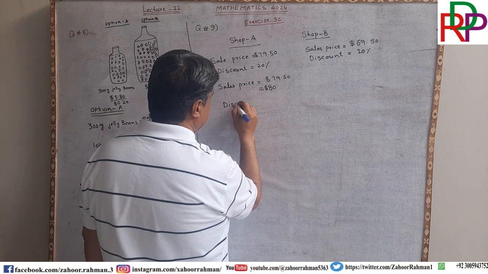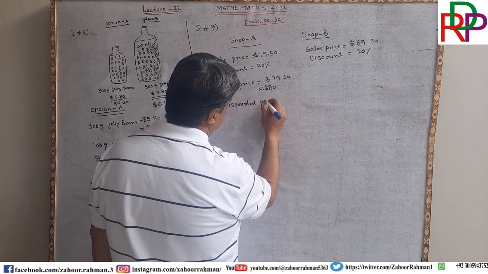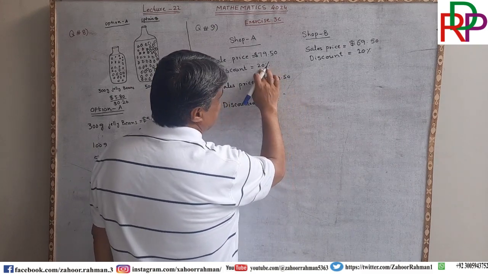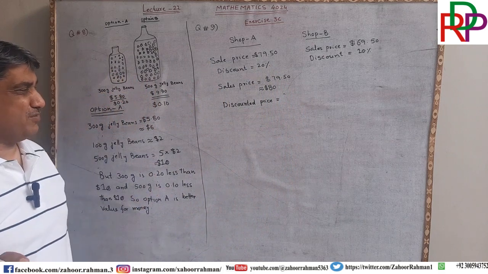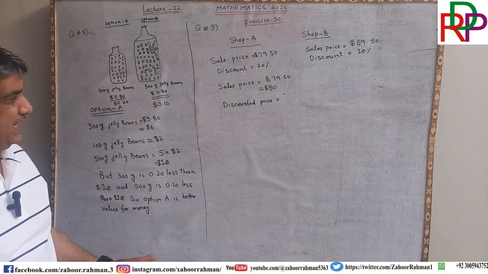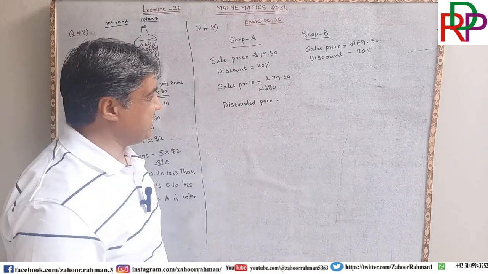Discounted price, and that is, because this is 20, remember we will discuss that in greater detail in chapter number 8, which is all about the percentages.